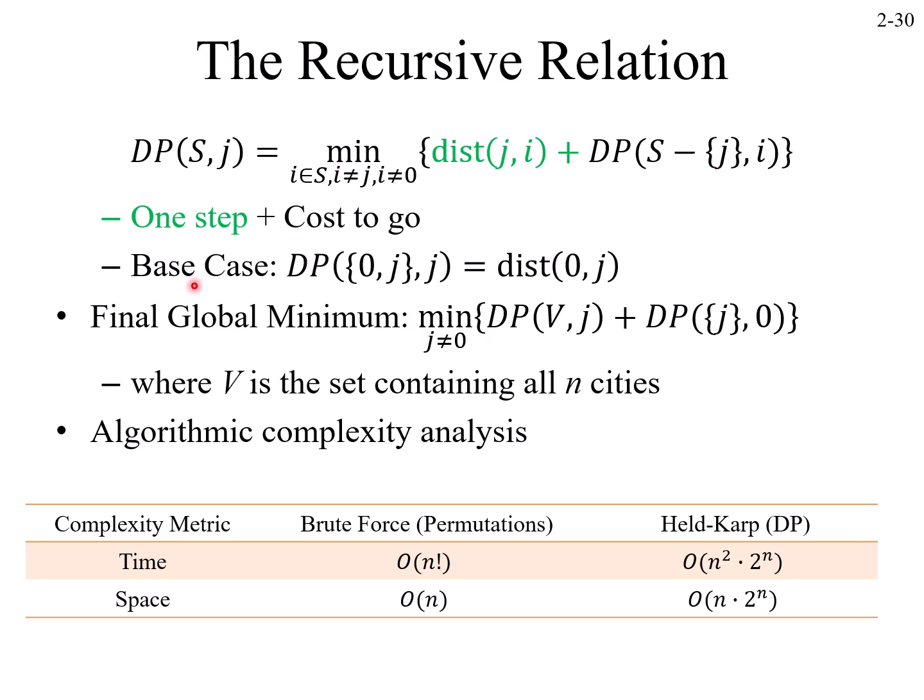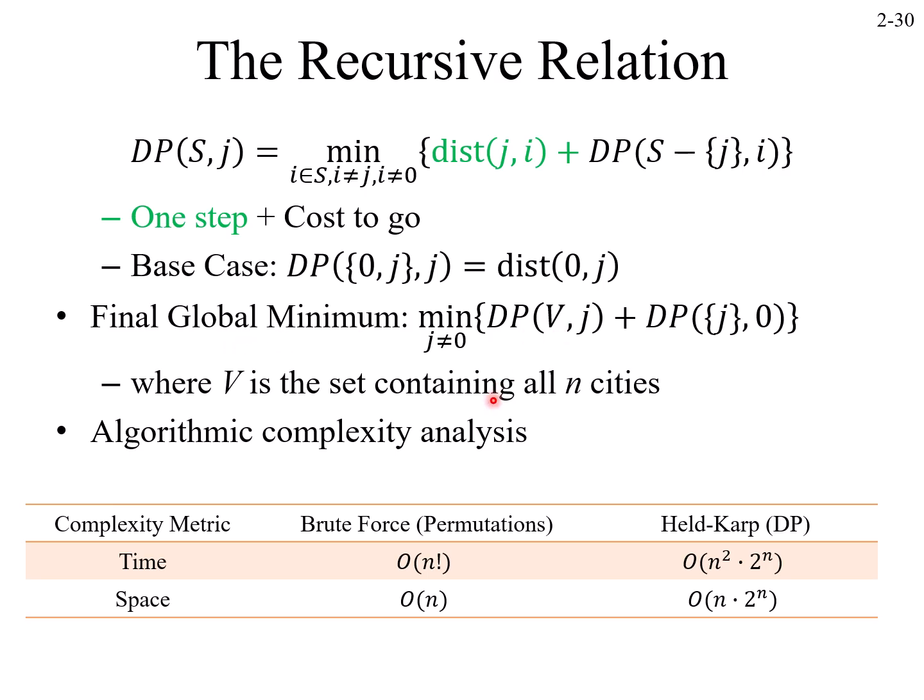So the base case is that this is our initial depot, and this is the first state, and we are standing at j. That is, we only go to one city. So that's the distance between 0 and j. And this is our final global minimum.